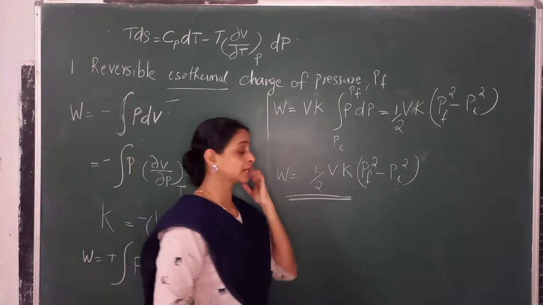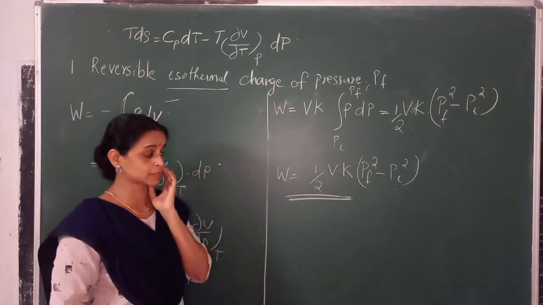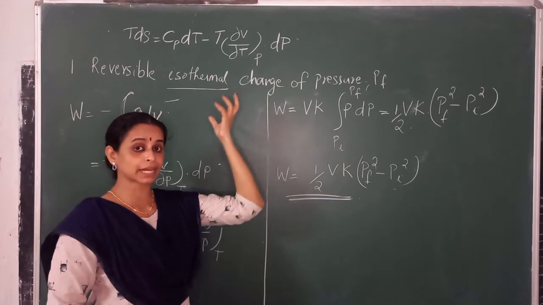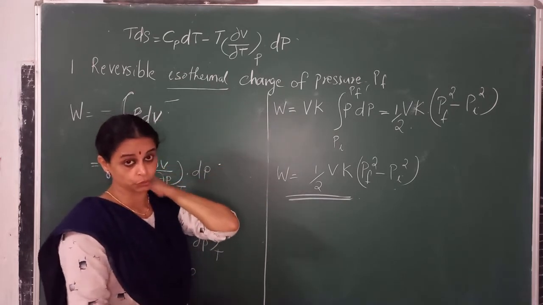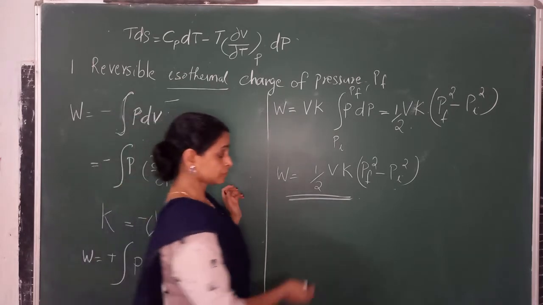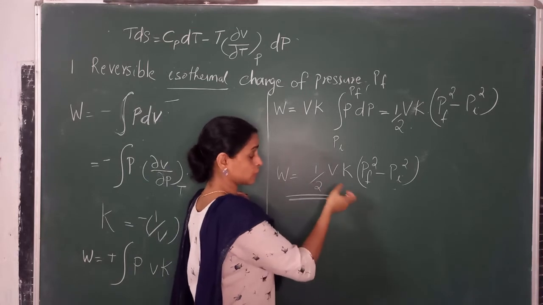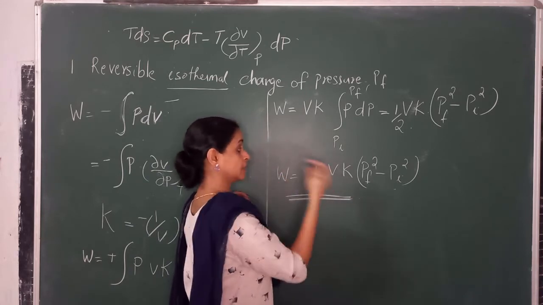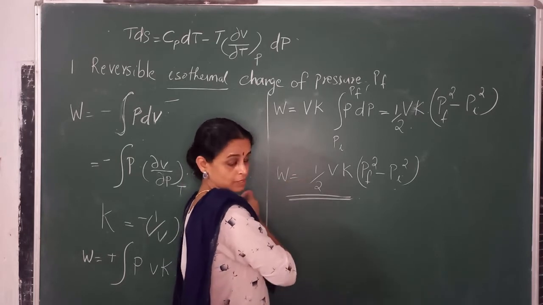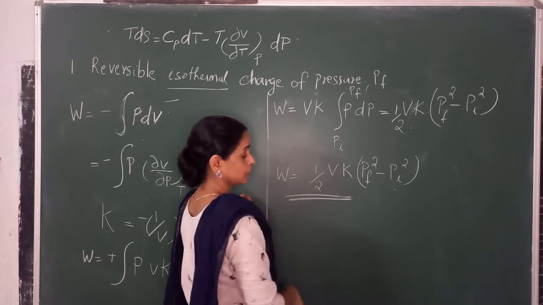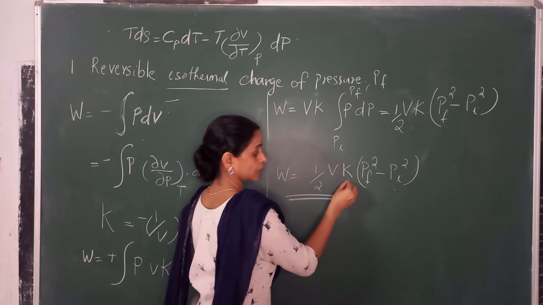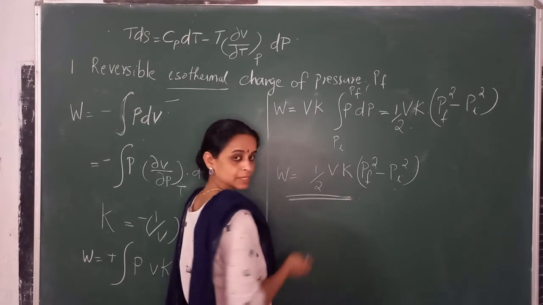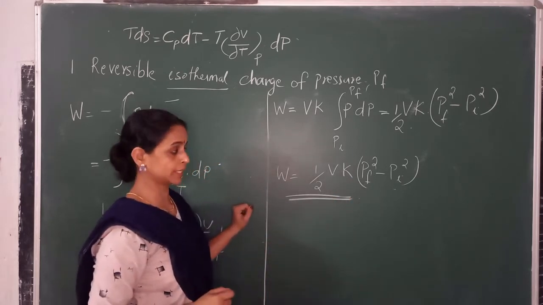So we can calculate the work done during certain processes, and also we have derived the value of Q. Here also we can see that we can evaluate the work done, whether it is positive or negative. Usually the isothermal compressibility is a positive quantity.